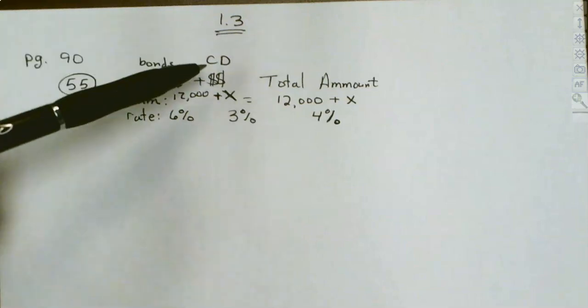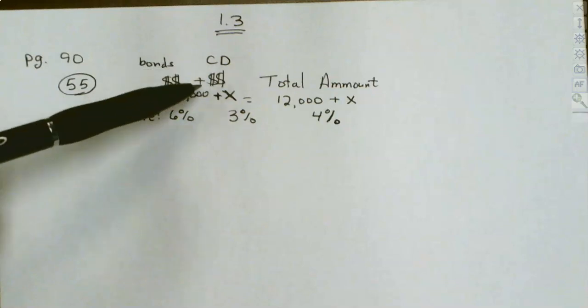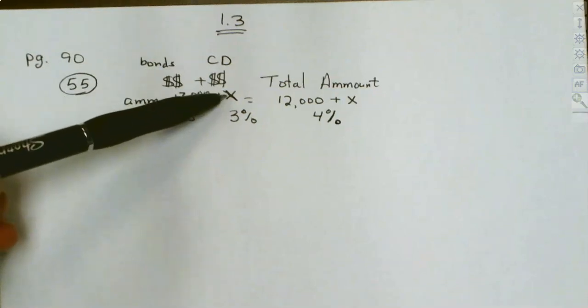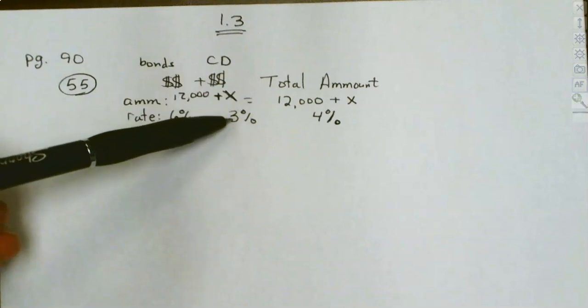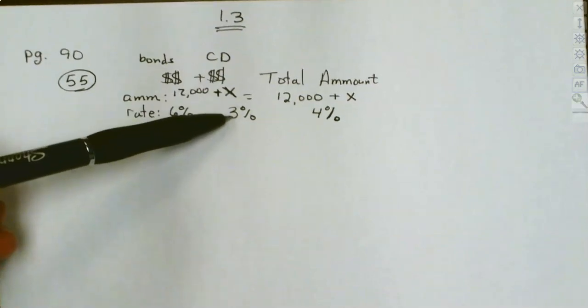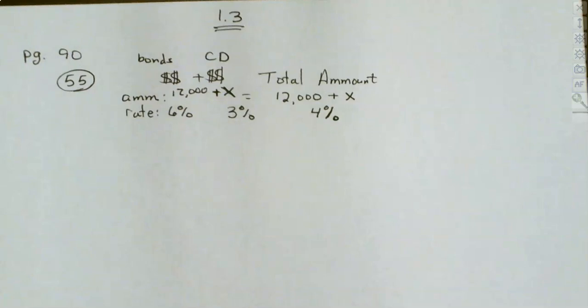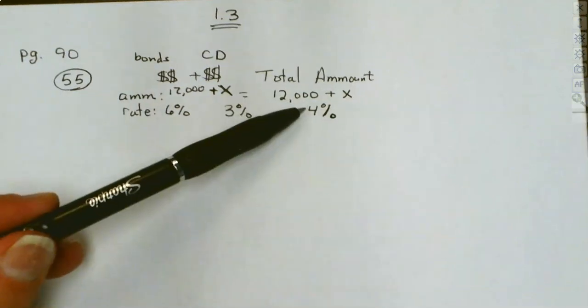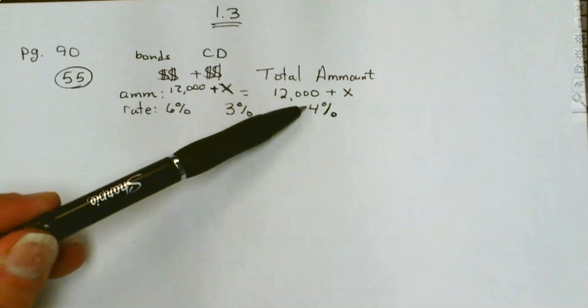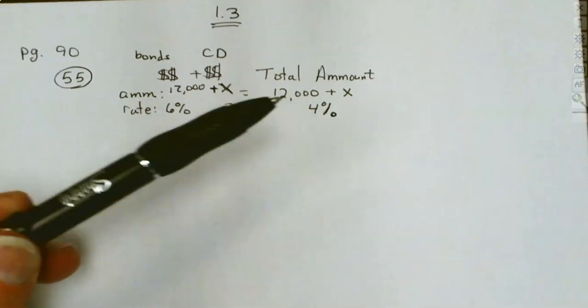CDs are guaranteed, so I'm not going to lose any money on a CD. So I want to put some extra money in the CD. We don't know how much, but I want to put that in. That CD is going to pay out 3%. On my statement at the end of the year, I want to make sure I make at least 4%. So my total is going to be the 4% over here.